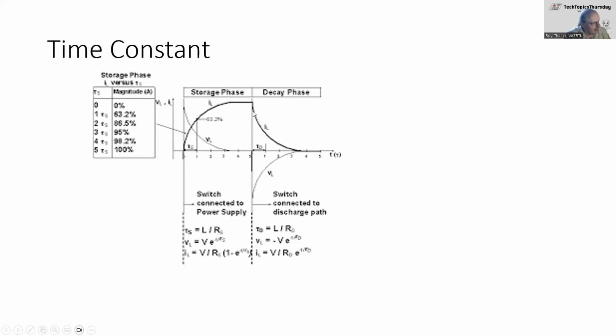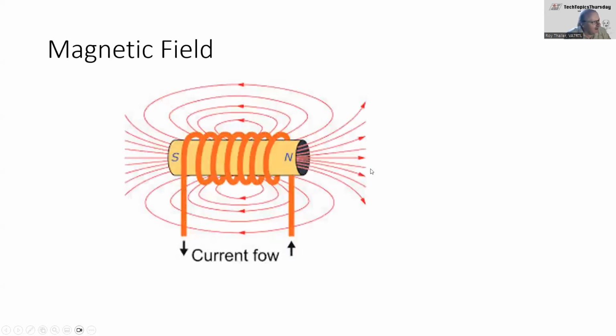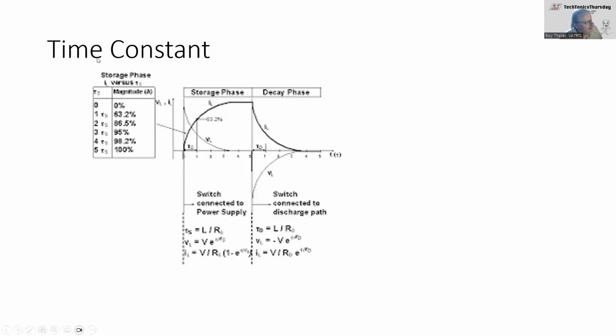And then for decay, it's just the opposite. It'll start going down. And so the current will go up here, and then the voltage will go down, and then it'll just be the opposite for the voltage. In the advanced course, you actually have to do some of these calculations, but for capacitors, not for inductors.